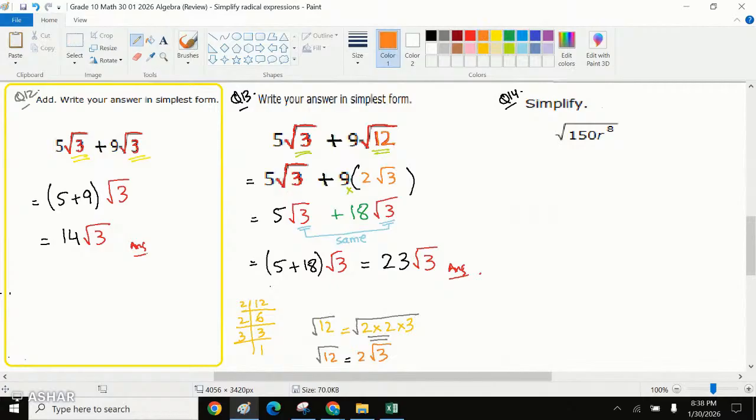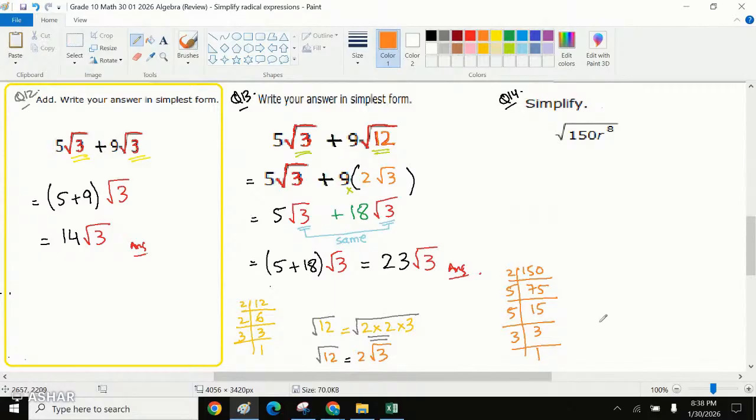Let's do the prime factorization for 150 first. 150 is an even number. That becomes 75. 75 cannot be broken down by 2, right? But it can be broken down by 5. So we can write 5 times 15, 5 times 3, and 3 times 1.